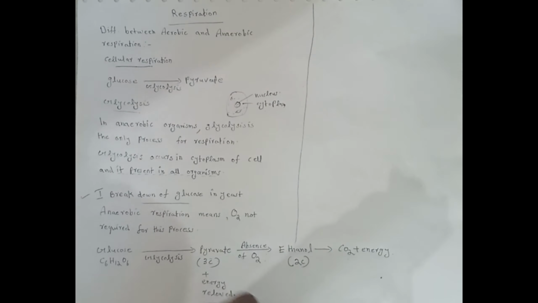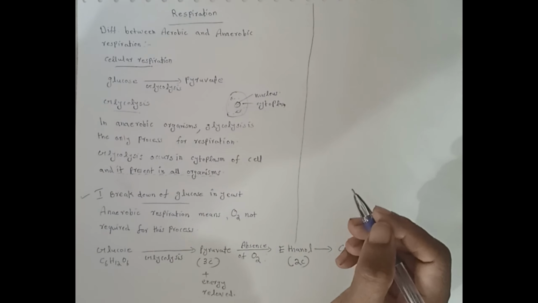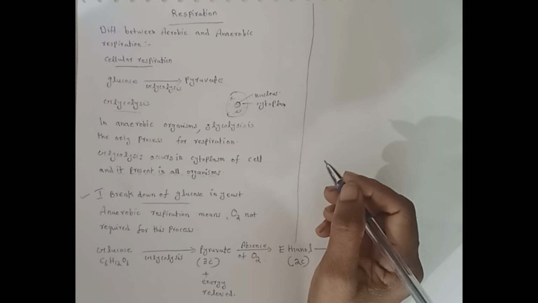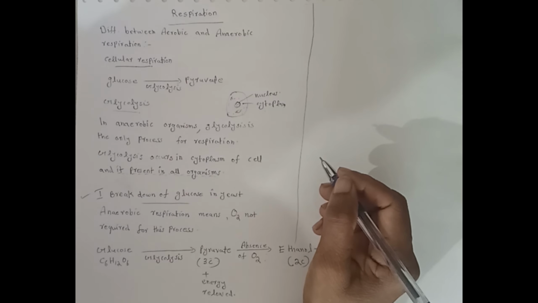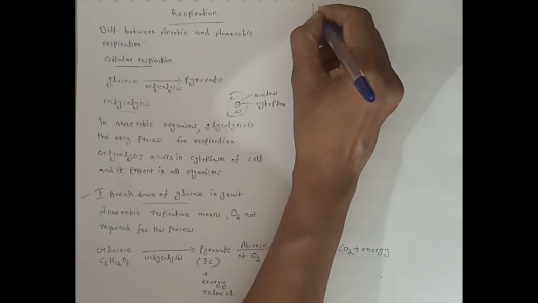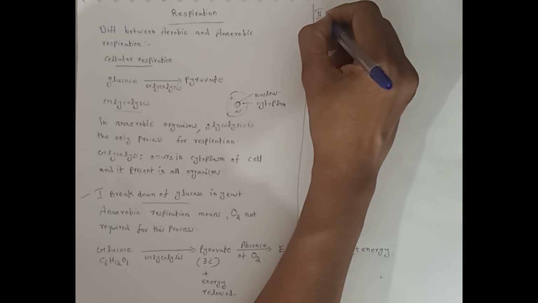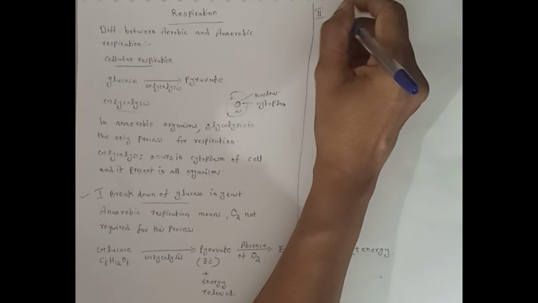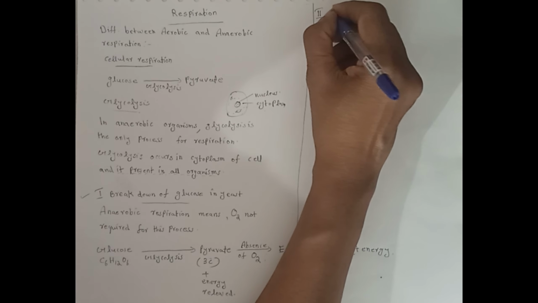Next, this was the first type of anaerobic cellular respiration. The second is the respiration seen in the muscle cells of animals.